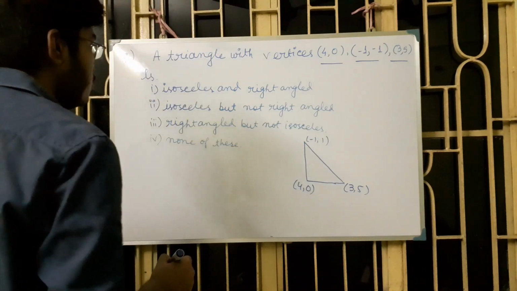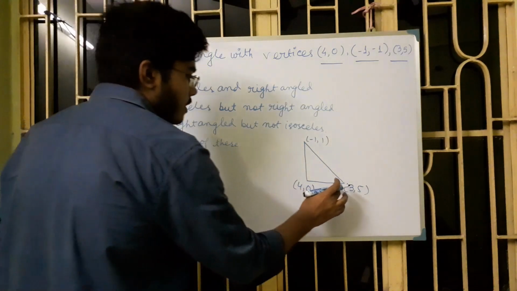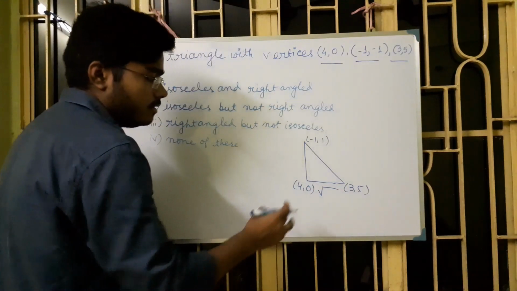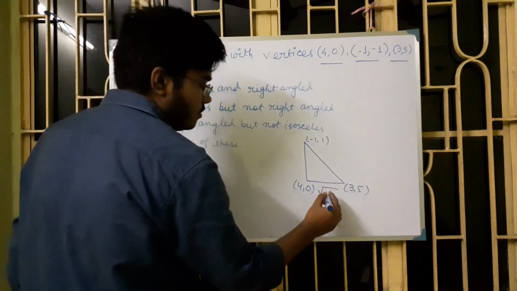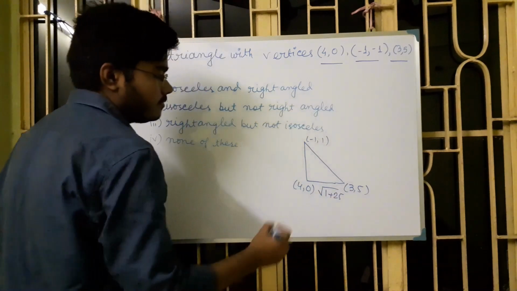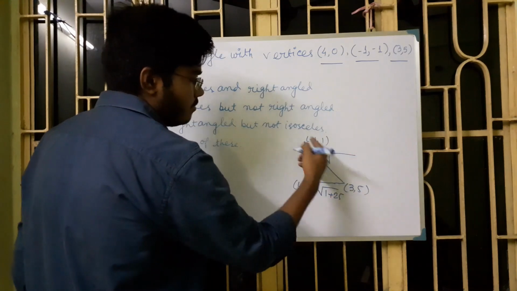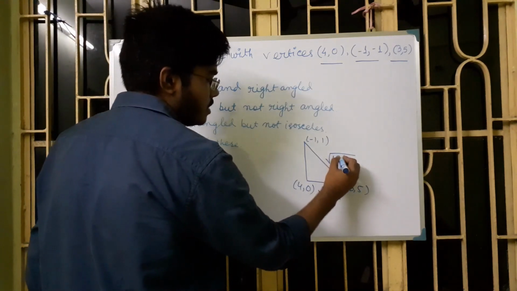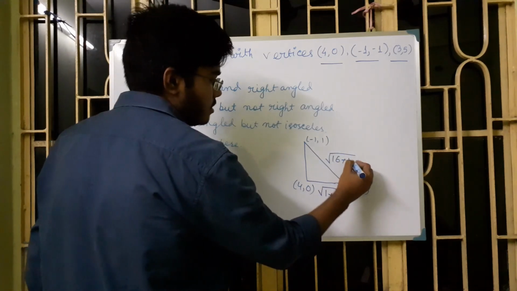Okay, so first we have to find the distances. Root over (3 minus 4) whole square plus (5 minus 0) square, which is 25. Then this is (3 plus 1) whole square, that means 16, plus (5 minus 1) square, that is 16.